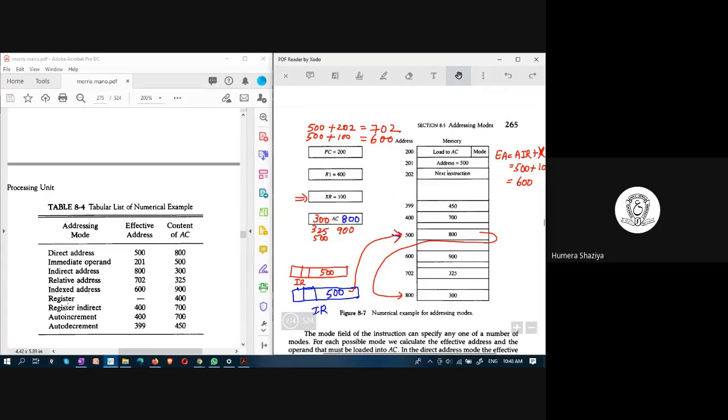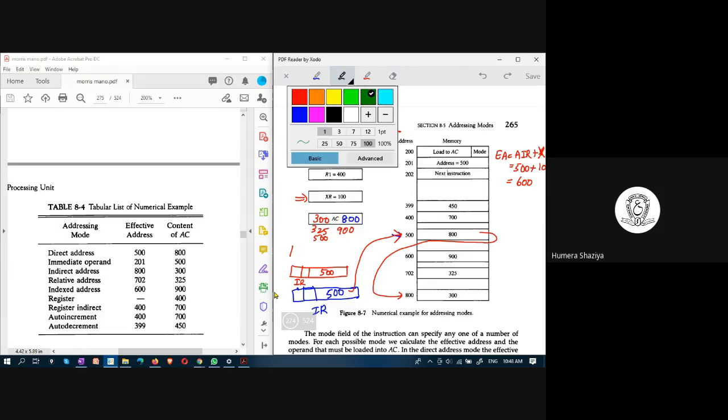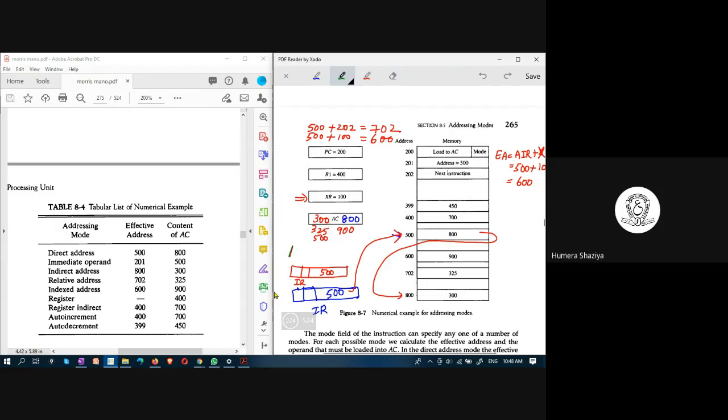Here, register mode means what? In the instruction register, you specify the register name. Consider that this is our instruction register.